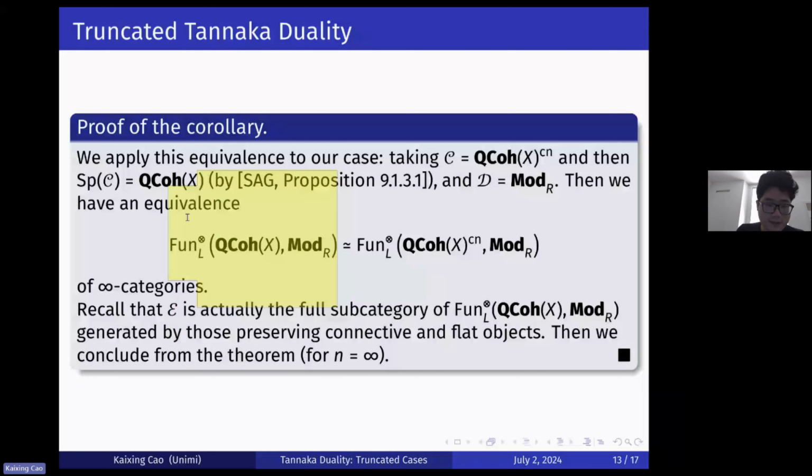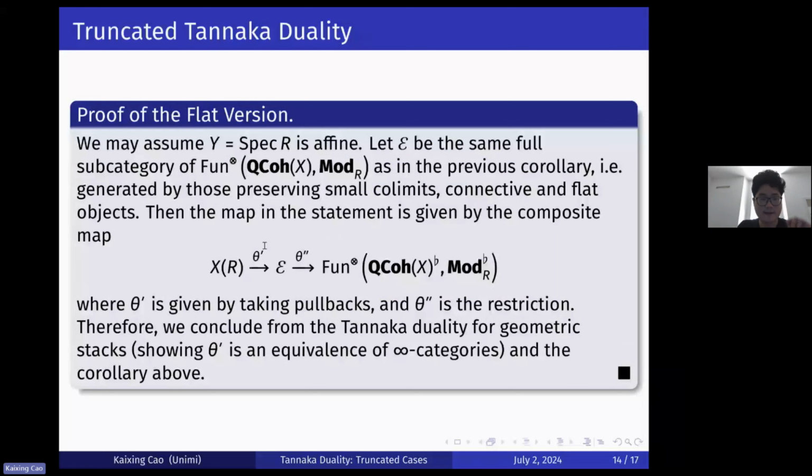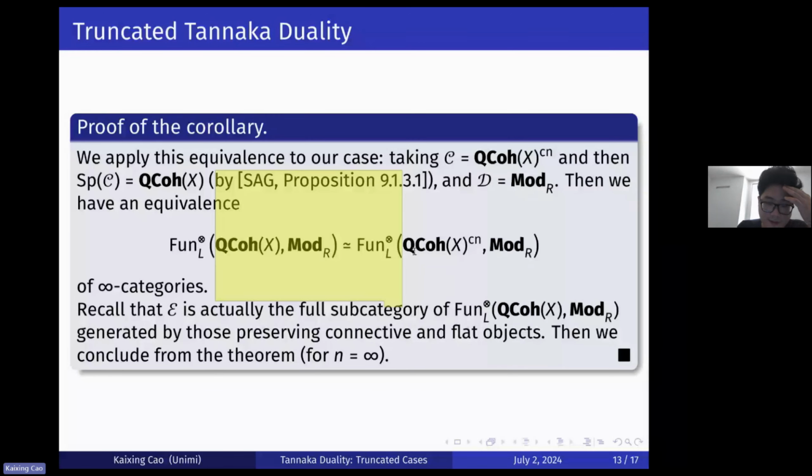But under this equivalence, we can identify E with a full subcategory of this functor category, which maybe we can denote by E prime. But this equivalence somehow is obtained by taking the restrictions.